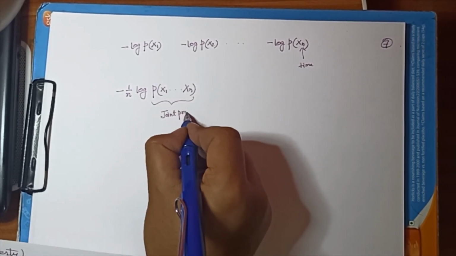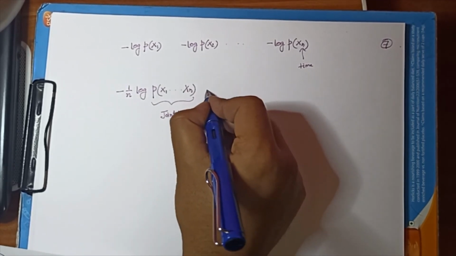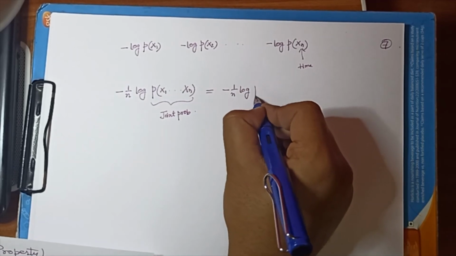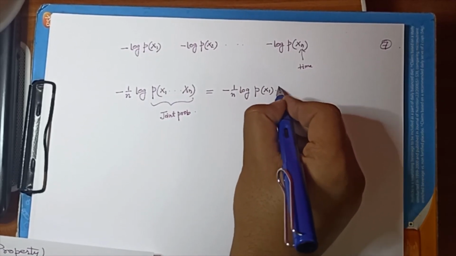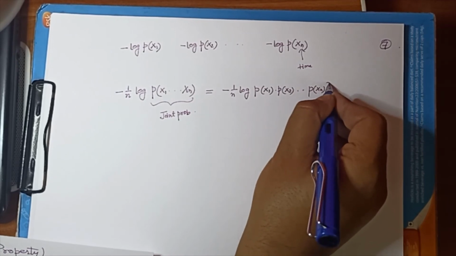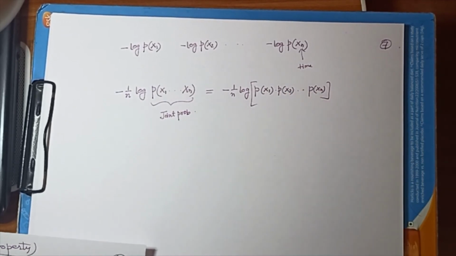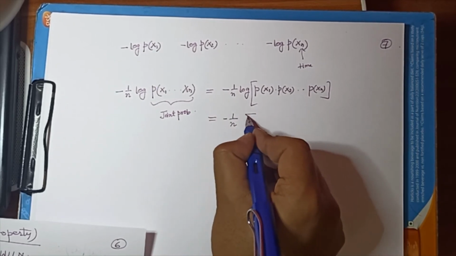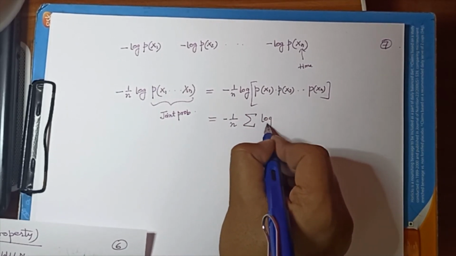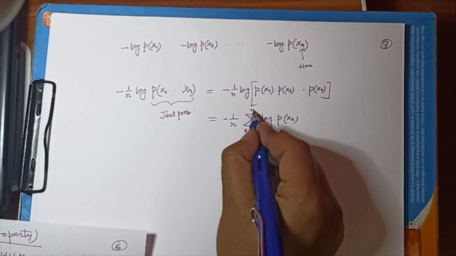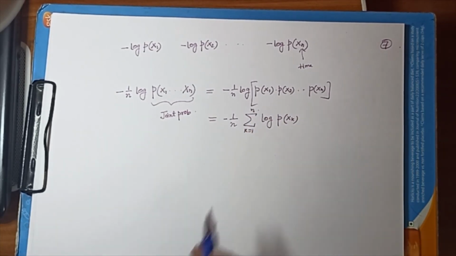And since x1 to xn are independent, this can be written as minus 1 by n log of p(x1) into p(x2) into p(xn). Isn't it? Now log makes it additive. So minus 1 by n summation of log p(xk), k equal to 1 to n. Isn't it?